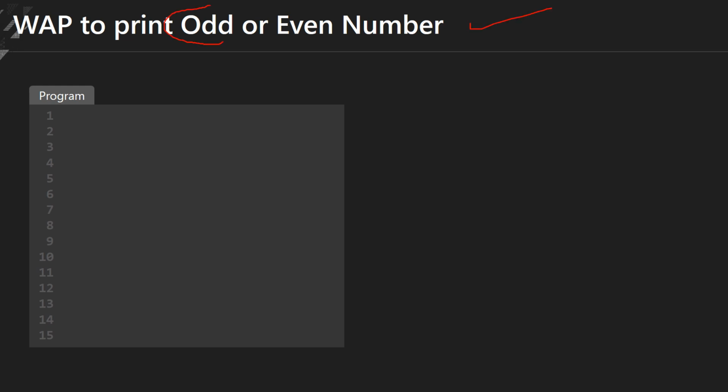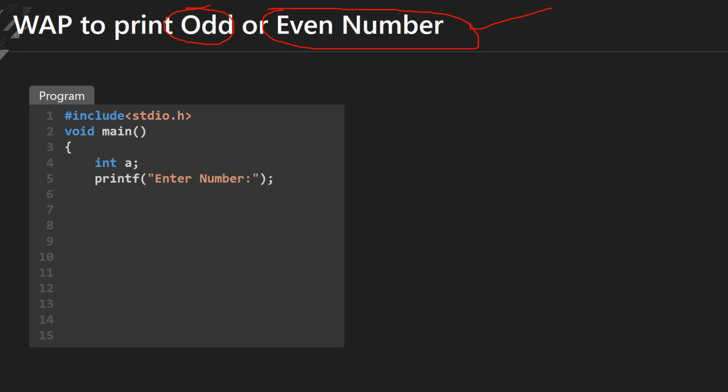How to check whether a number is odd or even. Suppose n is equal to whatever number you are entering. As usual, you start with a preprocessor, then void main. So declare one variable, int a, and enter that number. Read it using scanf. Then you have to check a modulus operator by 2.